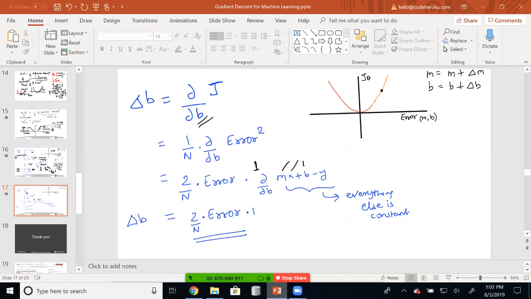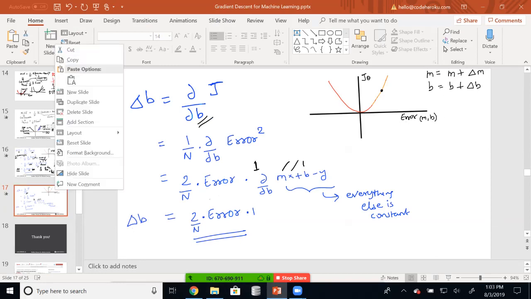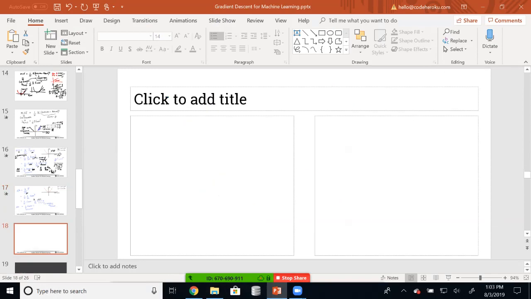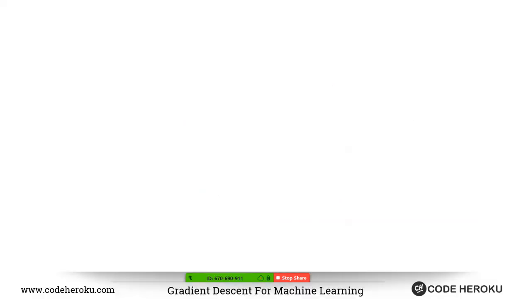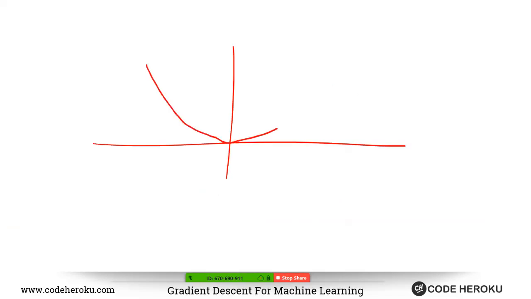To give you a hint over here, let's say we have this curve, right? We have this curve over here. And let's say I'm too high on this curve.